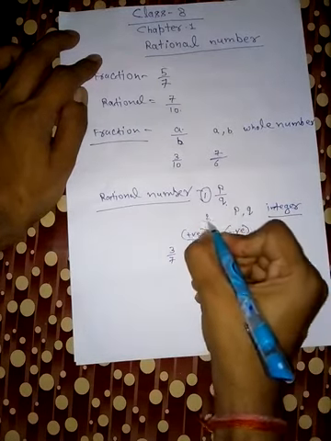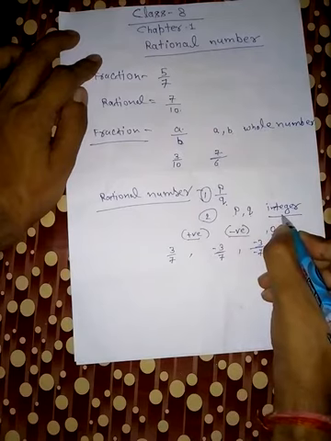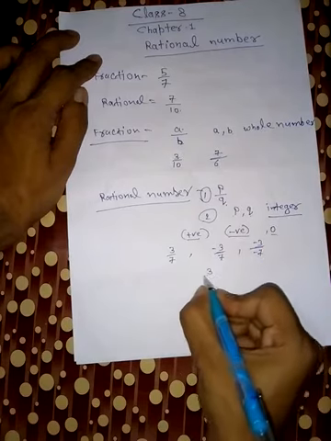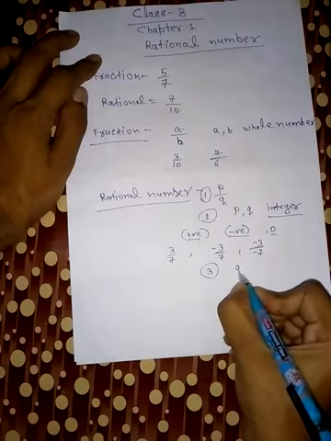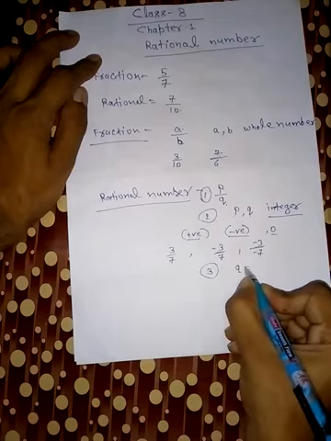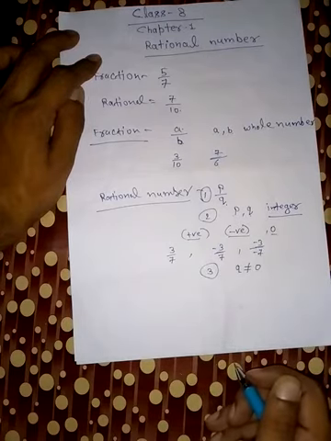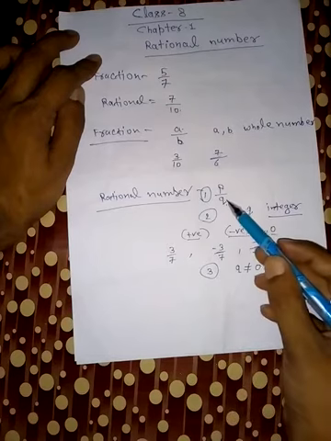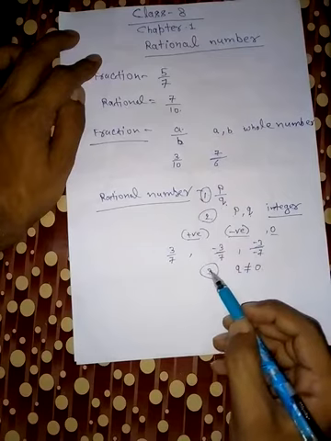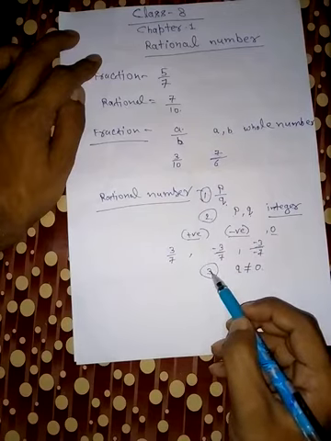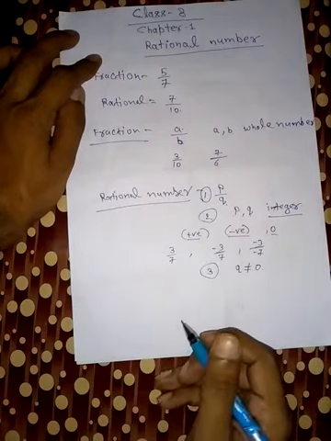Second thing is, p and q must be integers. And the third thing we have to identify, q should not be equal to 0. That means the denominator cannot be 0. So these three qualities, if present in the number, then we call it a rational number.